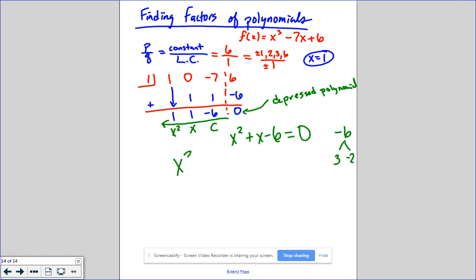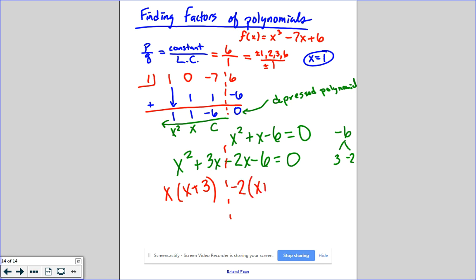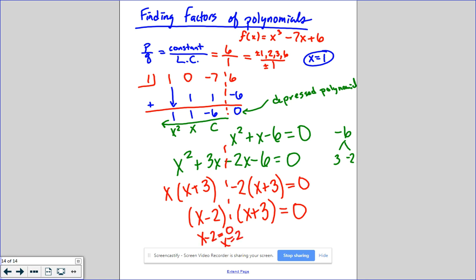So I replace. I get x squared plus 3x minus 2x minus 6 equals 0. Now what? Group them. So it'd be x and x plus 3. And those are both negative, so I'm going to pull out -2, and I also get x plus 3. Do my insides match? So I've got x minus 2, x plus 3. Then if I set those both equal to 0, x minus 2 equals 0 means x equals positive 2.